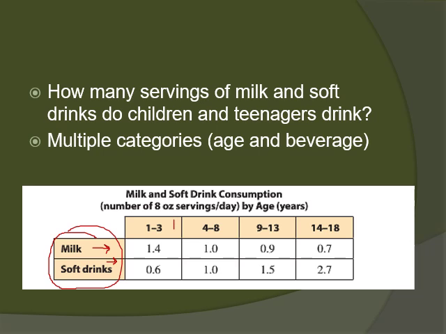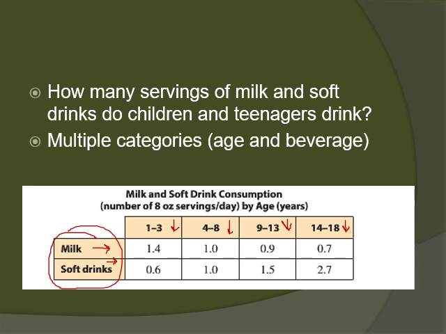And then we have age categories going up and down in our columns. So this would be how old they are by years. So you can see that there's multiple categories going on. There's milk and soft drinks versus the age categories. So that's our two variables.